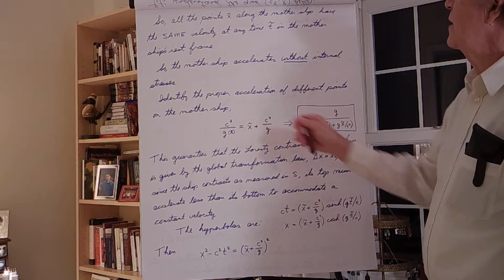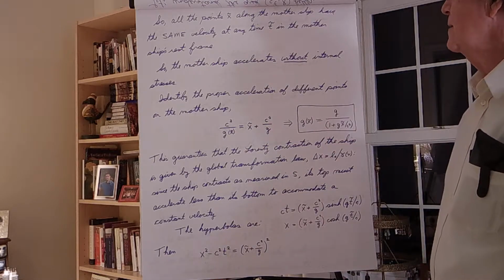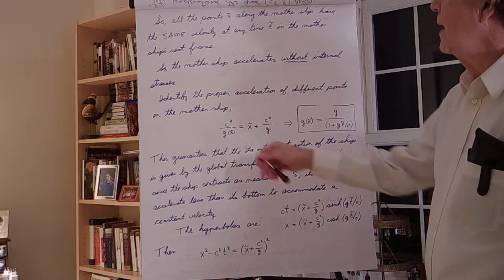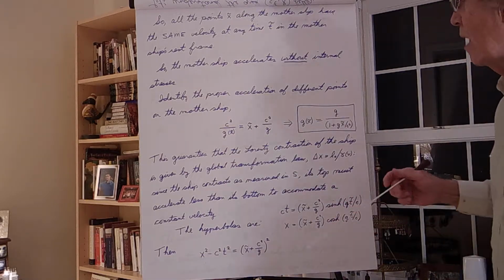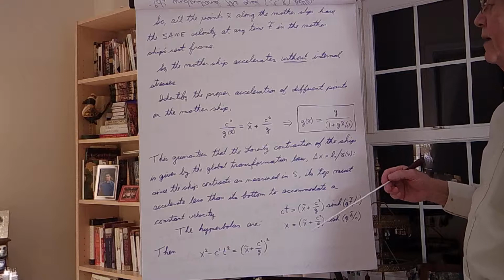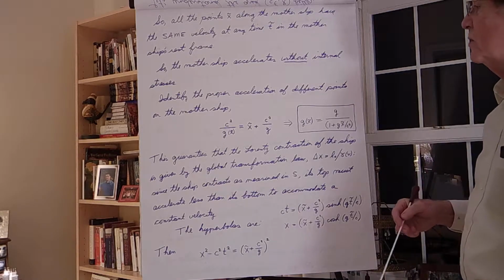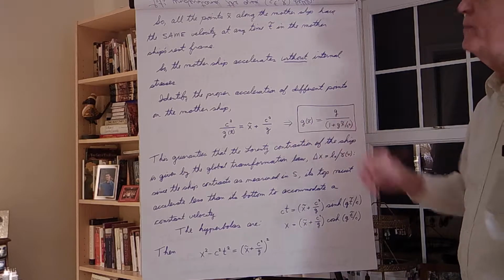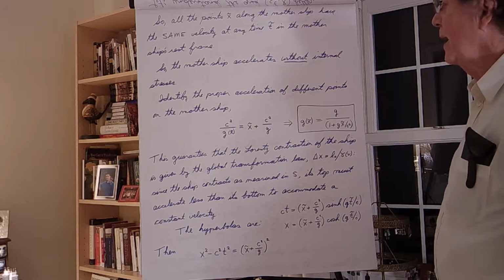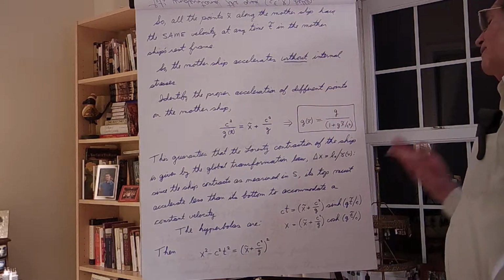So the mothership accelerates without internal stress. So I can identify the proper acceleration of different points of the mothership. Just on the right hand side of the previous equations, I write it c squared over g, but now I let g be a function of x tilde. And how does the right hand side of the equation work?